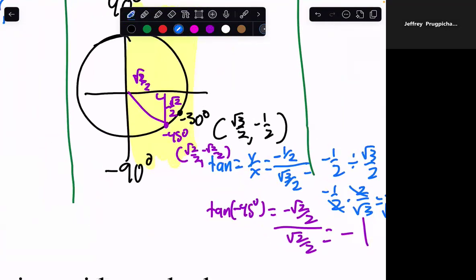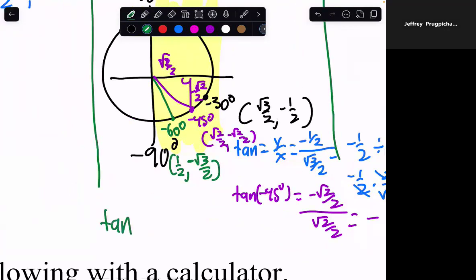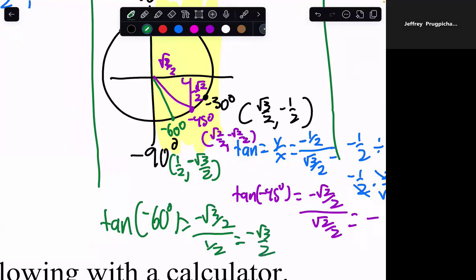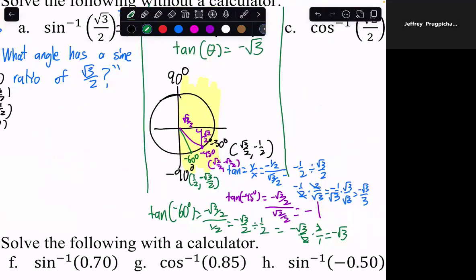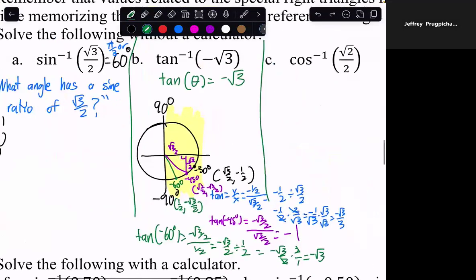So it's going to be the last one, but let's just make sure. Negative 60 degrees has coordinates of 1/2 comma negative radical 3/2. So tangent of negative 60 degrees, y over x. We see that tangent of negative 60 degrees is indeed negative radical 3. So that is the answer we wanted.